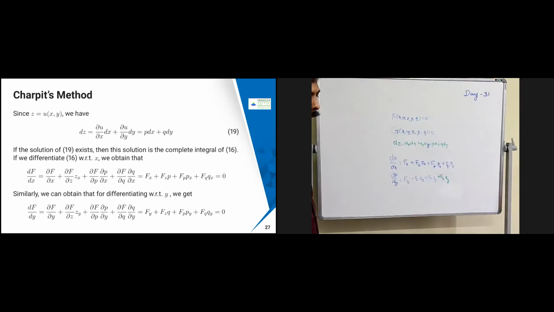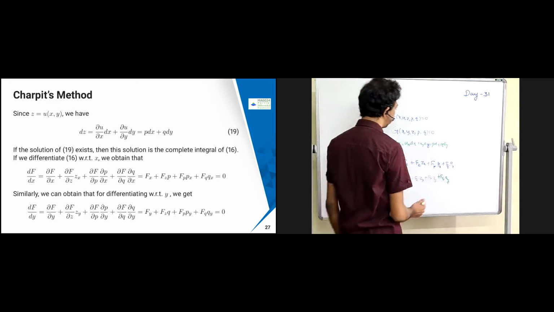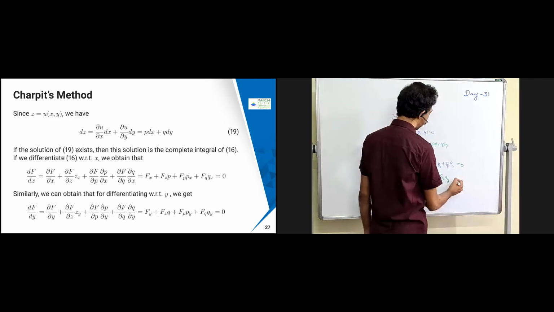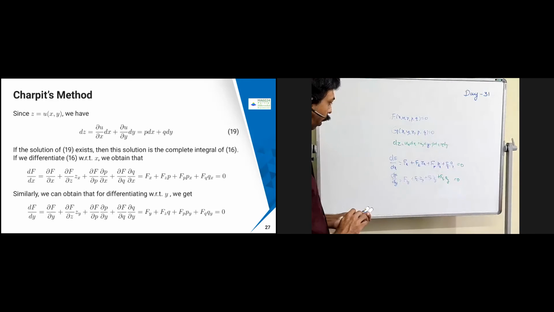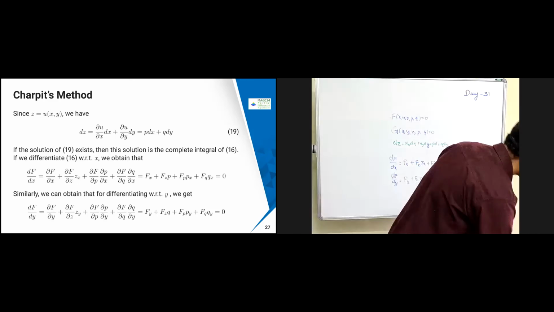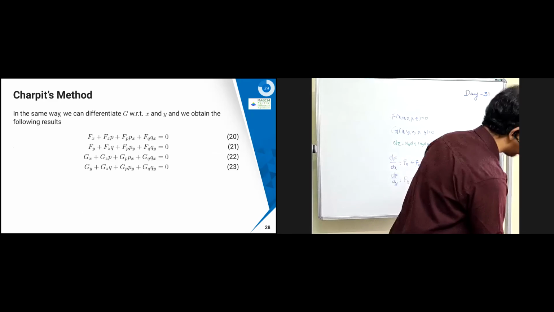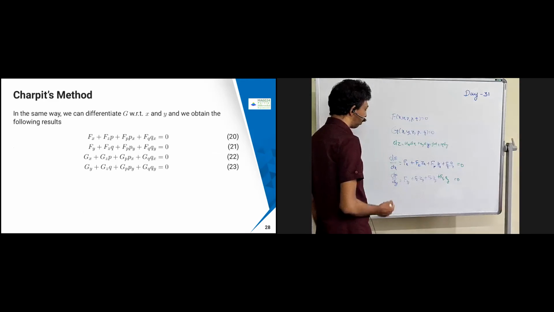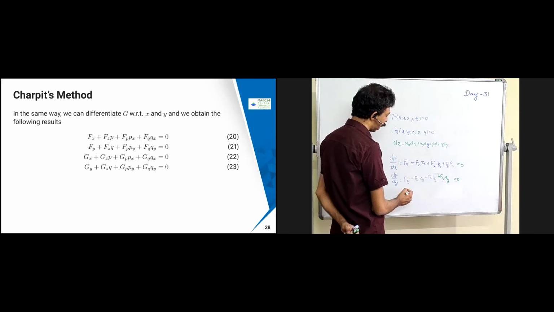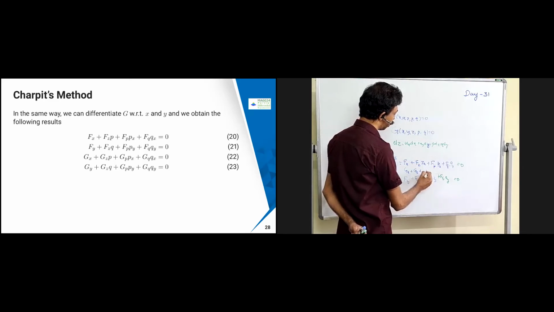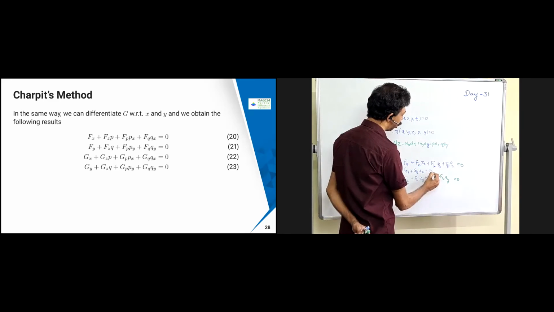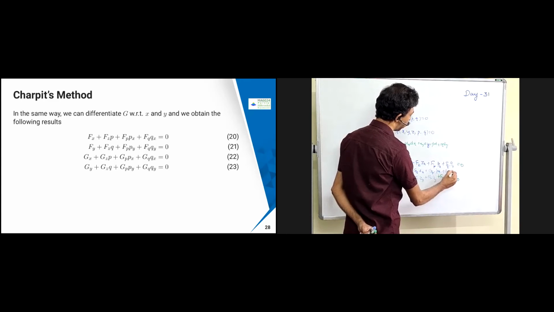Okay. Now if I just differentiate this side, this is going to be 0, this side is 0. Similarly, this side is going to become 0 because f is already 0. So now I have to eliminate some of the values from here. In the same way, for g you will get the same thing: gx plus gz into zx plus gp into px plus gq into qx equal to 0.